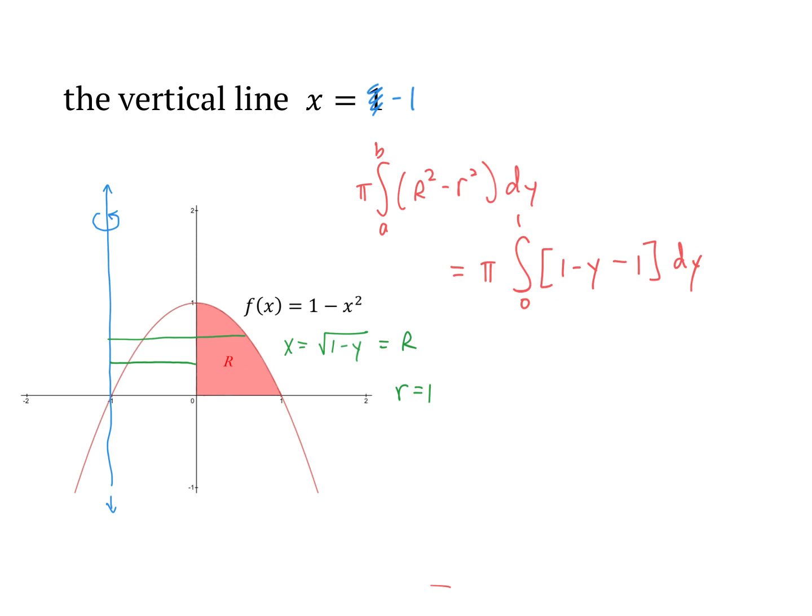All right, so this radius isn't just the function, it's the function plus 1. So that's not big R. So big R is 1 plus that function.